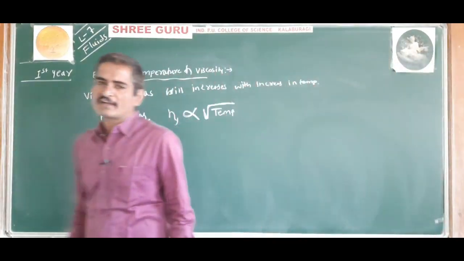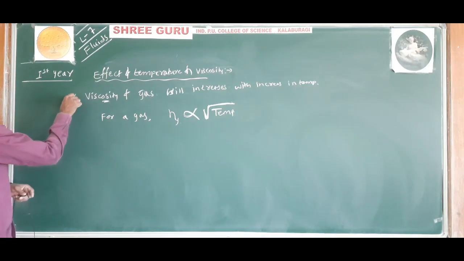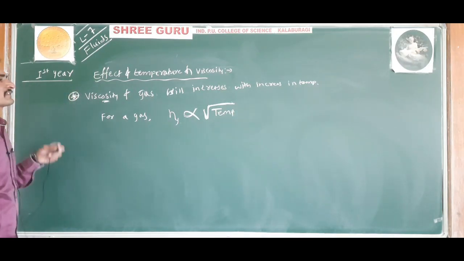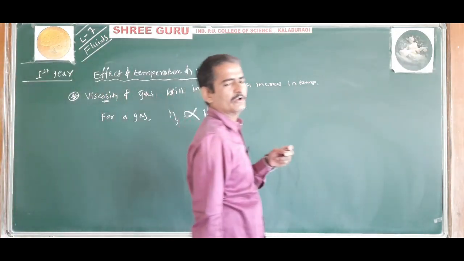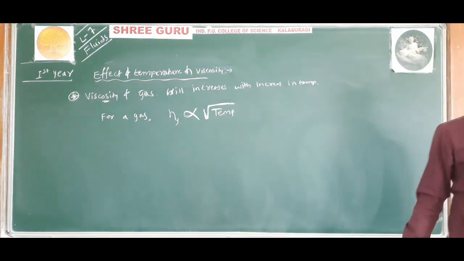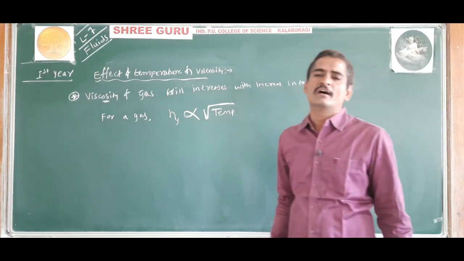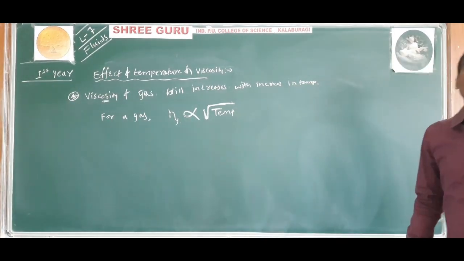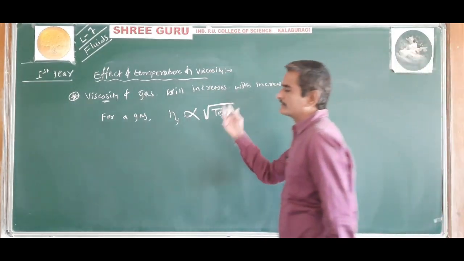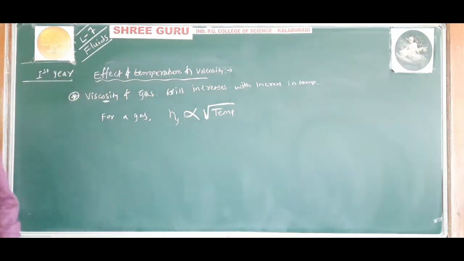Understood? So in the case of gases, the viscosity will increase with increase in temperature, because viscosity of the gas is due to diffusion, and the rate of diffusion of gases increases as the temperature increases, hence the viscosity of the gases will increase.